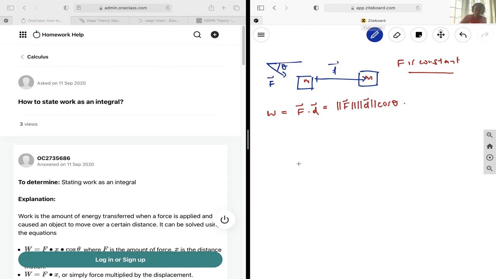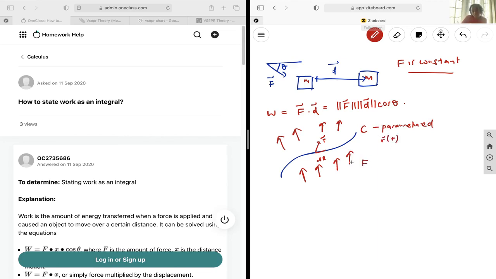A good way to imagine this is take an object moving along path C, and for this very short part of this path, it moves dl, and the vector tangent to it is going to be T, and it is moving in a vector field F. So it is moving along path C that is parametrized or described by r of t, and moving through this vector field of F that is also going to be dependent on r.